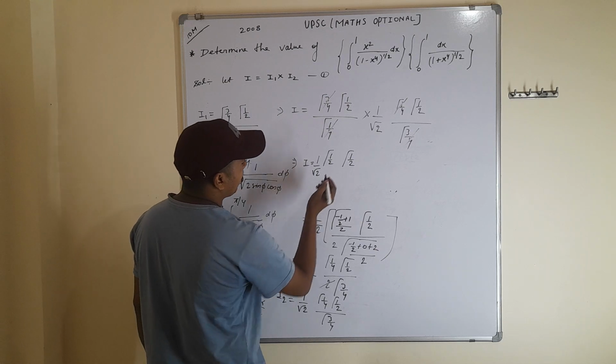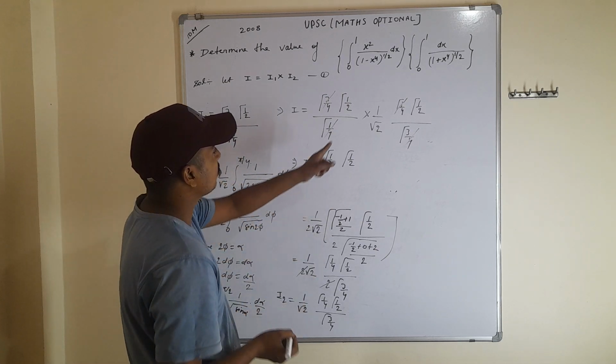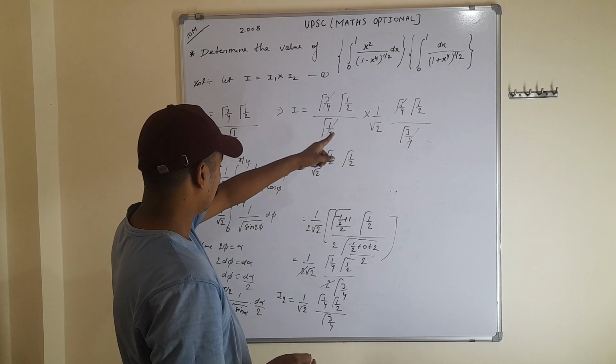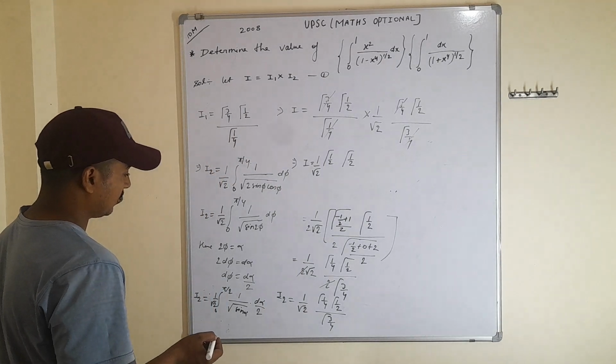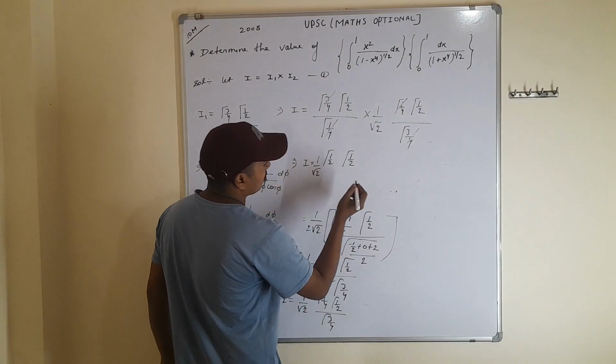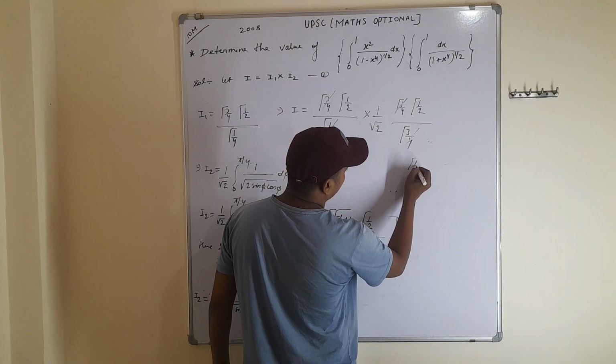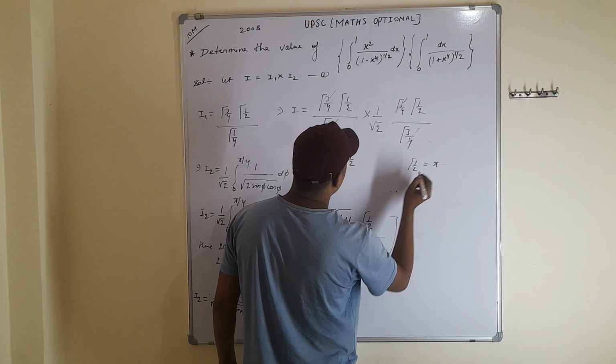That is 1 by 2, 1 by 2 root 2 is present, when putting the value of gamma 1 by 2 is root pi.